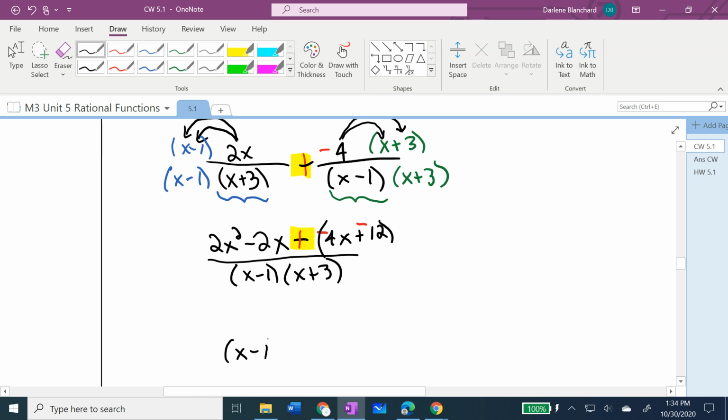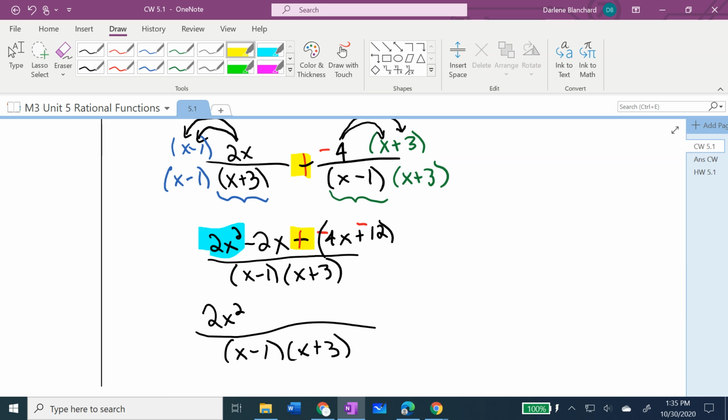So I've got that common denominator. And then I need to add like terms. The 2x squared has nothing to add with. I have some x terms: a negative 2x and a negative 4x, making a negative 6x.